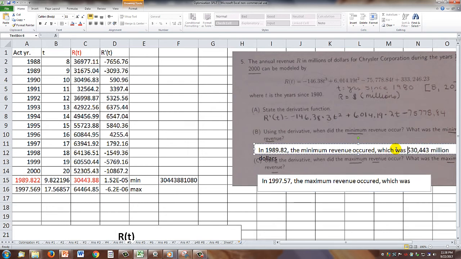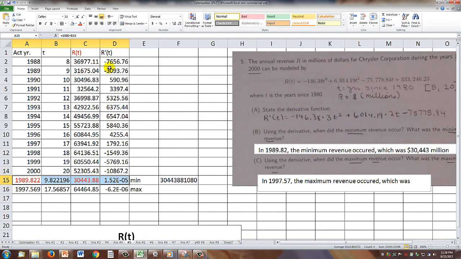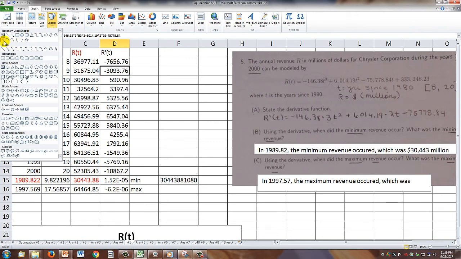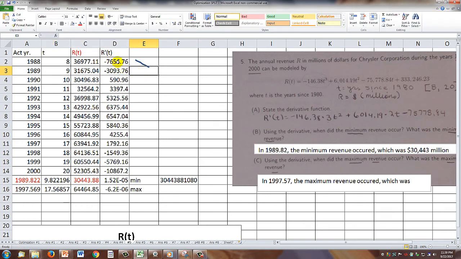And there you go. So again, if you were not asked for a minimum, you would have had to put a guess value in, or you would have got the minimum. If you don't graph it, you don't know whether you have a minimum or maximum. Although you can think through it here. A negative slope is a decreasing slope. So you know that you are looking at that kind of line and that kind of line.